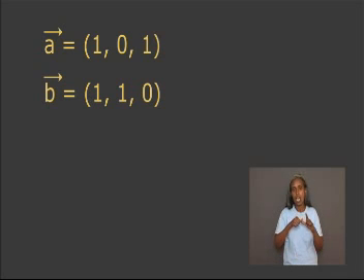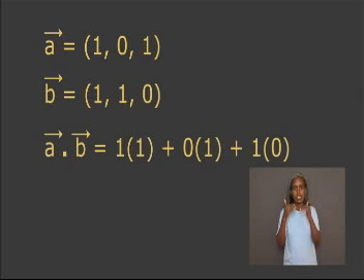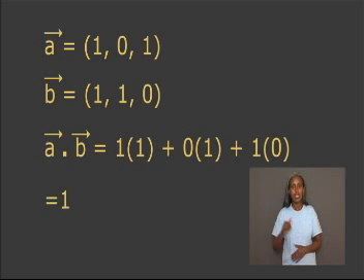Let us find the angle between these two vectors. The scalar product of both vectors is equal to 1 times 1 plus 0 times 1 plus 1 times 0. In other words, it is equal to 1.